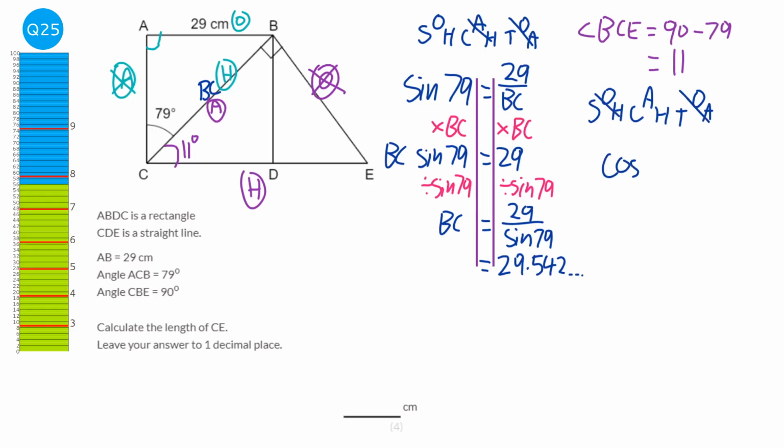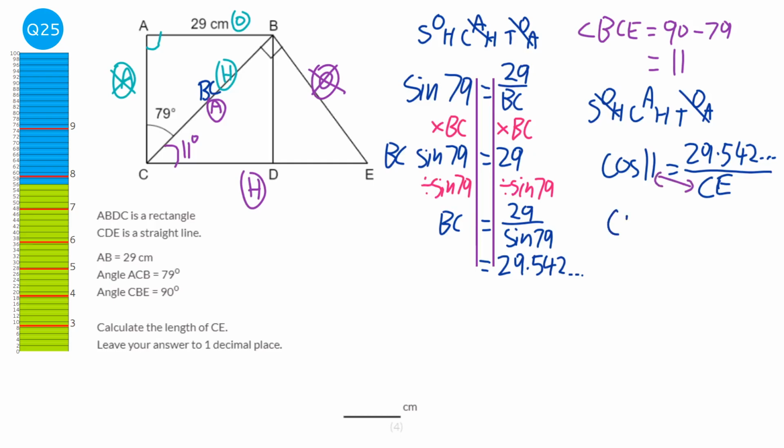So it's going to be cos 11 equals the adjacent, which is the BC value we've just worked out, over the hypotenuse, which is CE. Now hopefully you've realised from when we did it with the sine thing here, that actually we can just swap these two things over.